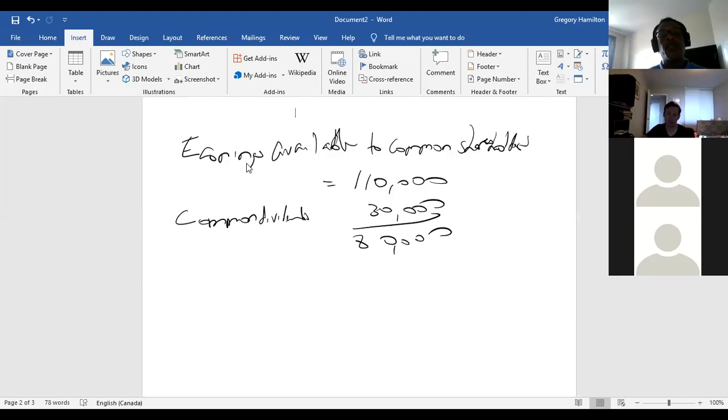What would we do with the 80,000? We have earnings available to common shareholders of 110,000, then we have dividends of 30,000. So what would we do with the rest?